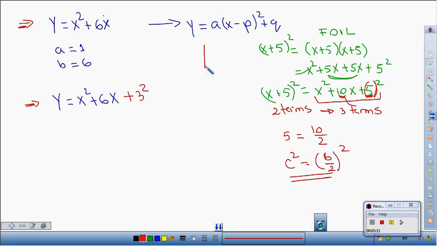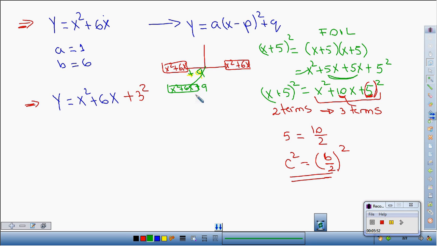If I have a scale, and on one side I have x squared plus 6x, and on the other side I have x squared plus 6x, and I add 9 to one side, my whole function becomes heavier all of a sudden, right? So it's going to weigh more than what I have on the right-hand side. So my scale would be unbalanced, because it's heavier over here now. I'm adding things to it.